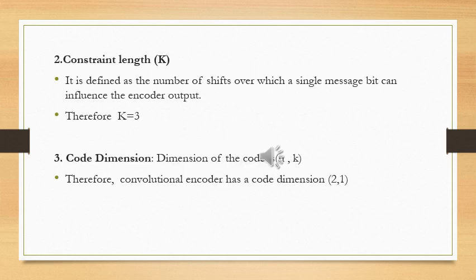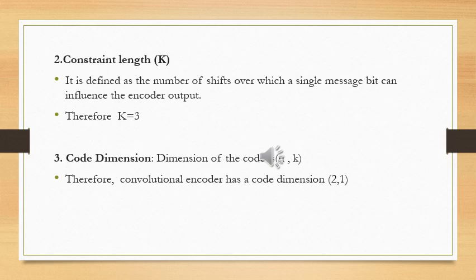Second term is the constraint length denoted by capital K. It is defined as the number of shifts over which a single message bit can influence the encoder output. Now in our previous example, observe that whenever a particular message bit enters a shift register, it remains in the shift register for 3 shifts.